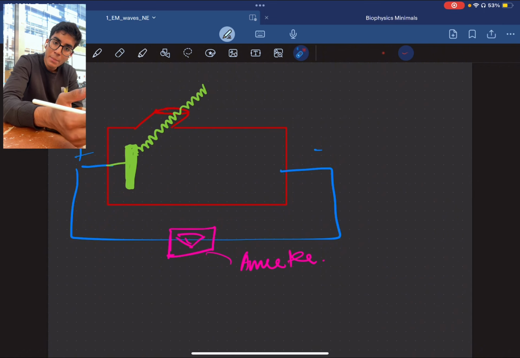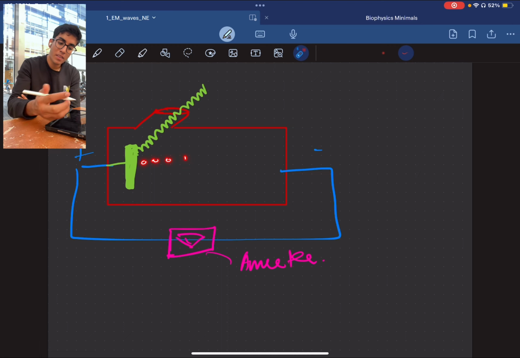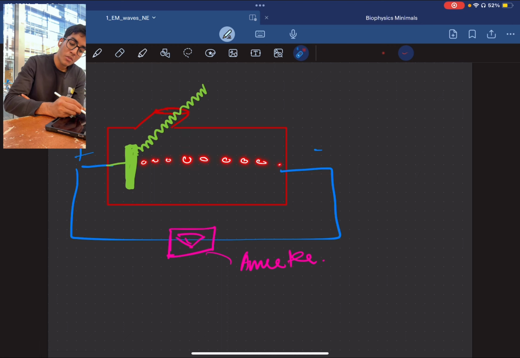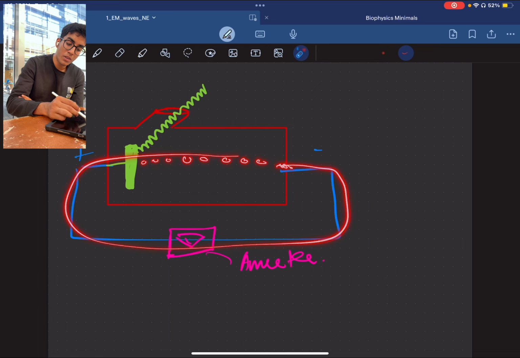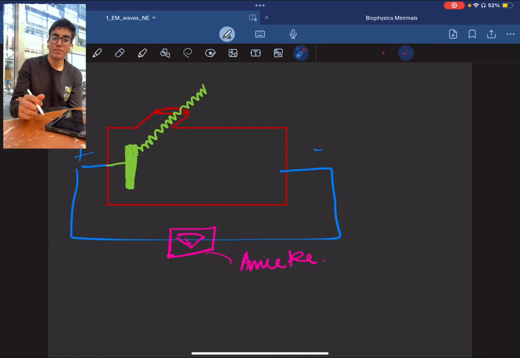Can you believe that? These photons get excited by the incoming radiation and jump out of the metal, and some of them interact with the negative electrode and produce electricity.